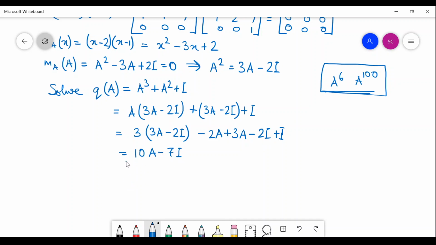You can do this. This is very easy to do. You don't have to go to A cube, etc. So this is simply 10 times A minus 7I, and I know what my A matrix was, so accordingly I will write it down. I am writing it down from my notes, so you can verify what the A matrix was, and multiplying it by 10 will give you this.